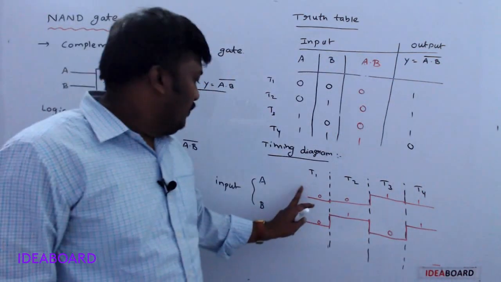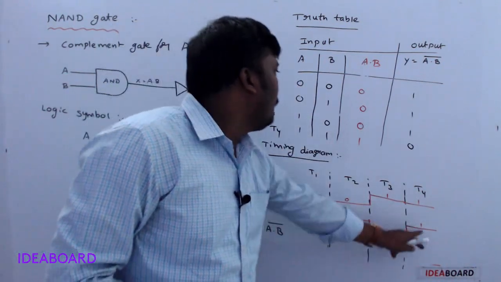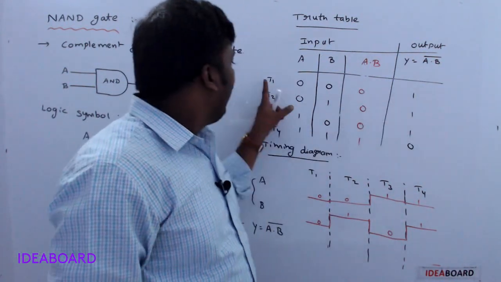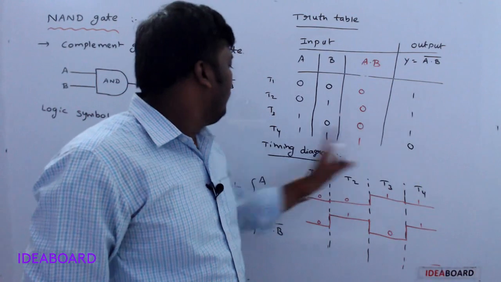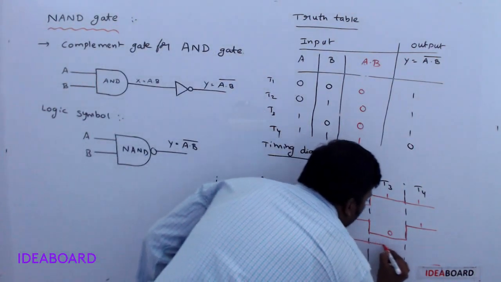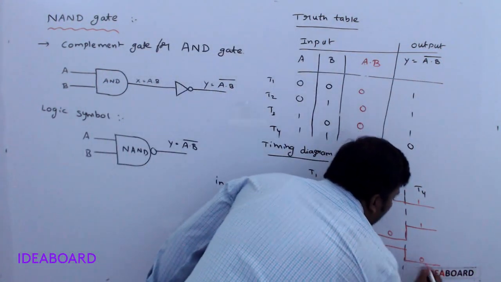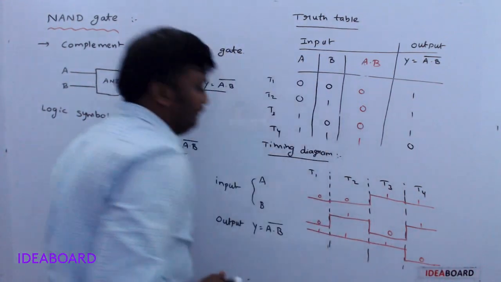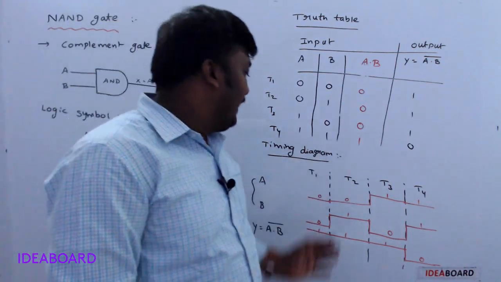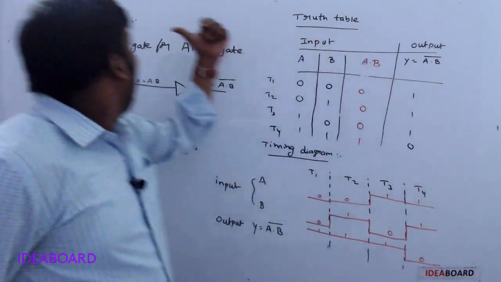Understand now? So A is 0, 0, 1, 1 and B is 0, 1, 0, 1. Clear? See the output. At T1, T2, T3 the output is high, and only at T4 the value is low. So it is 1, 1, 1, 0. Anywhere you observe a timing diagram like 1, 1, 1, 0, it is a NAND gate.